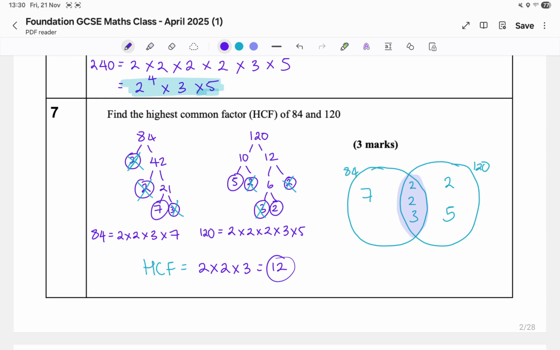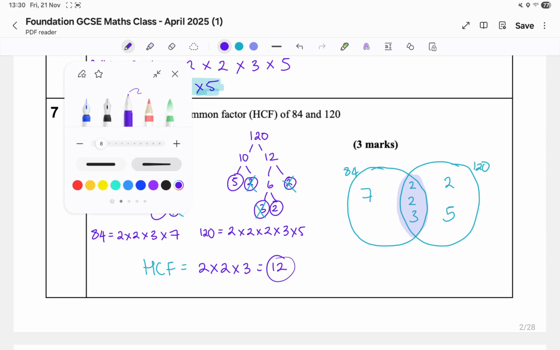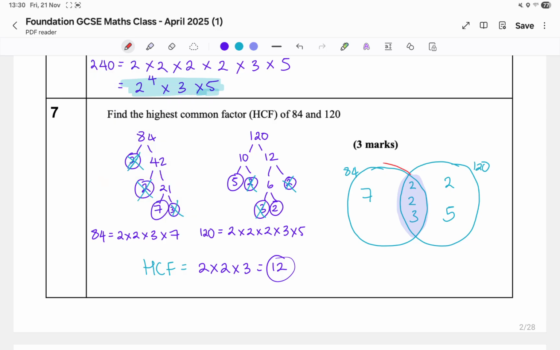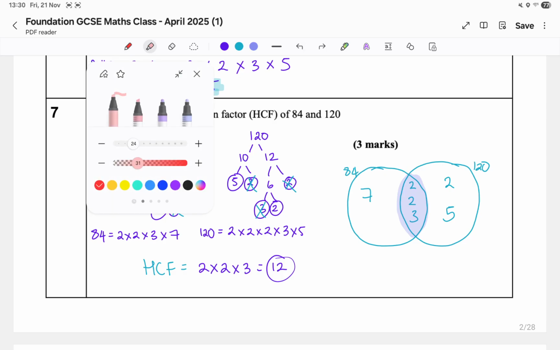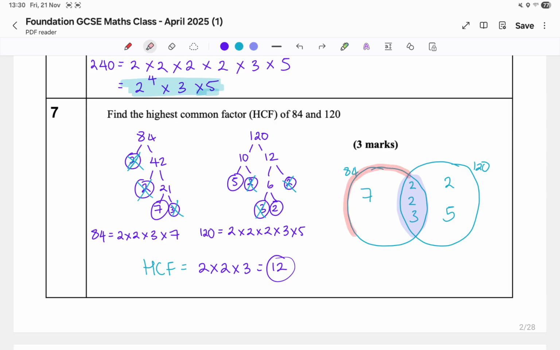You can also find out the lowest common multiple from here. So the lowest common multiple is going to be everything in this Venn diagram, everything in the table, multiplied together.